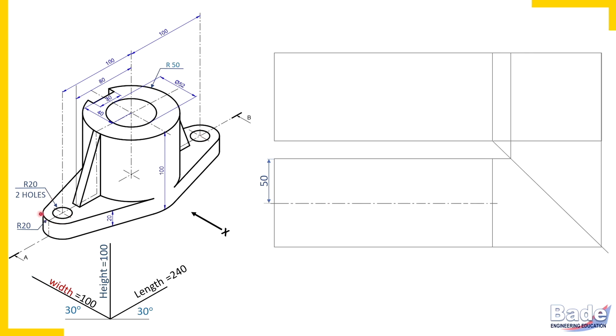Now to locate center of this curved edge, which has radius 20, measure 20 millimeters and locate the center. Similarly on the other side also, measure 20 millimeters, from left end 20 millimeters, and from right end 20 millimeters. You will get center on corresponding center line. So this is how we have located centers of those curved edges.